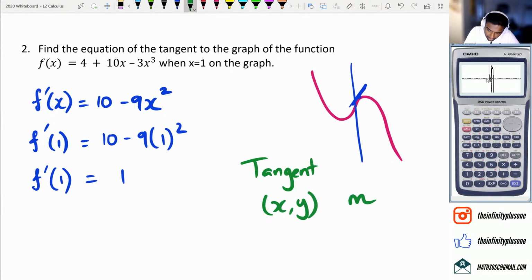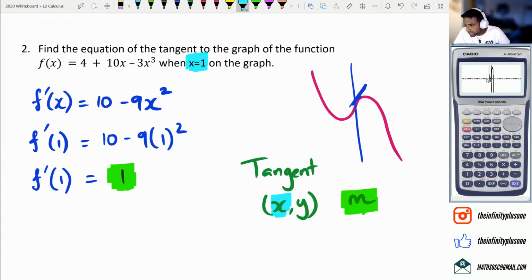Now the gradient we've already got, because the gradient is equal to 1, so we can say that m is equal to 1. We also know the x value is equal to 1. We actually need to figure out what the y value is to solve this question.